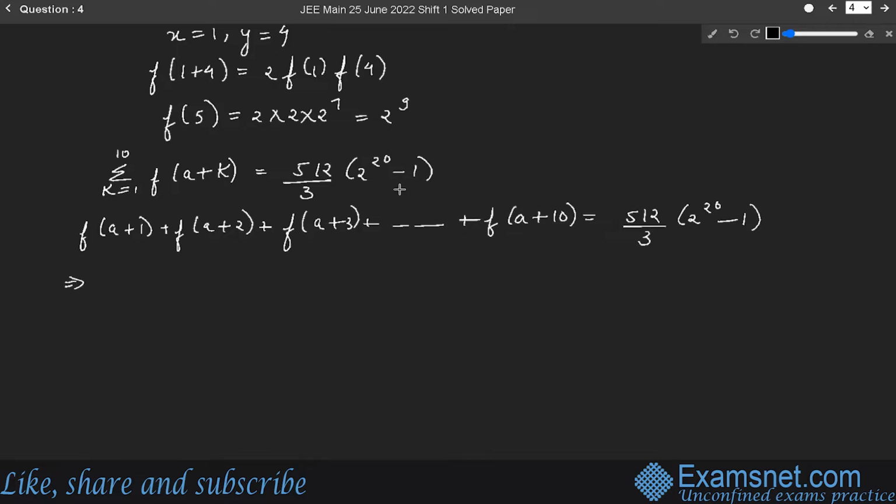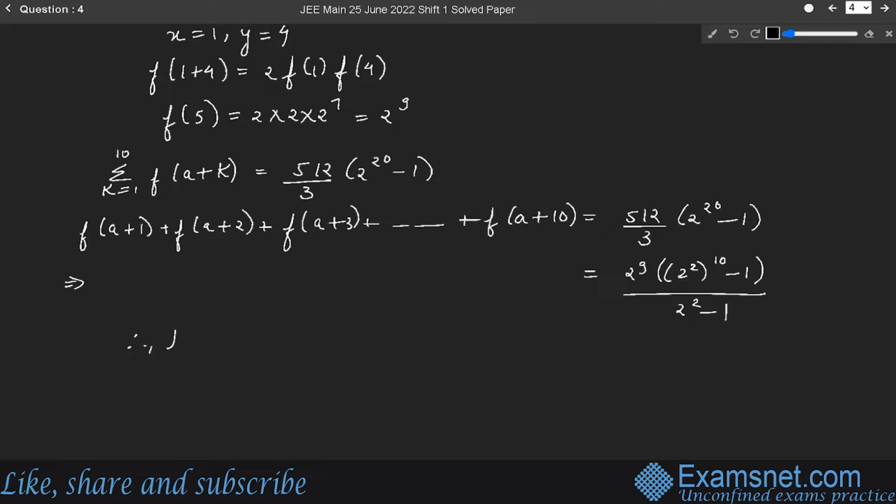So, it implies that this sum will be equal to 2 power 9 into ((2 square) power 10 − 1) divided by (2 square − 1). So, we can see that this represents a GP with first term 2 power 9 and common ratio 2 square.